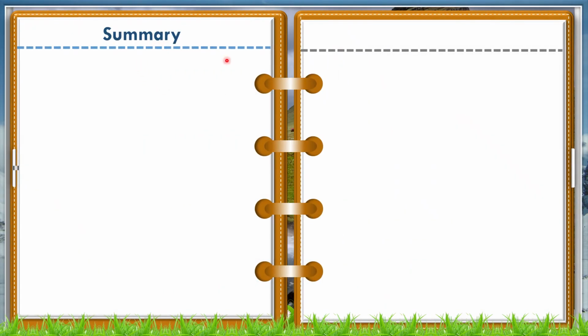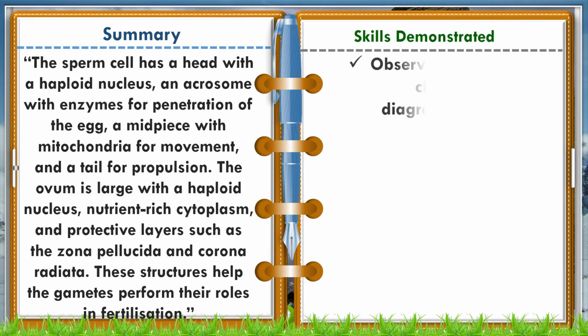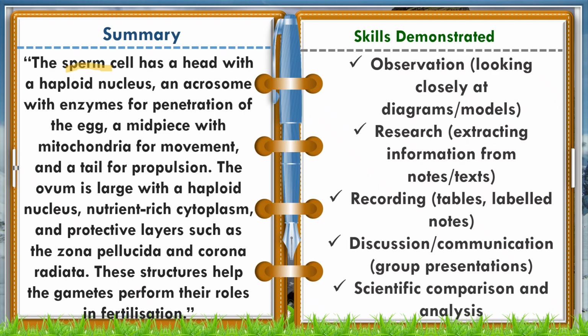We go to the summary. The sperm cell has a head with a haploid nucleus. It has an acrosome with enzymes to penetrate the egg, and it has the middle piece, which has mitochondria for movement, and it also has the tail, which is for propulsion.